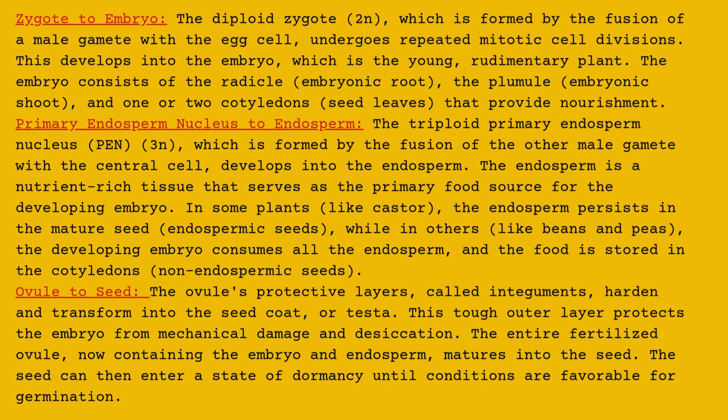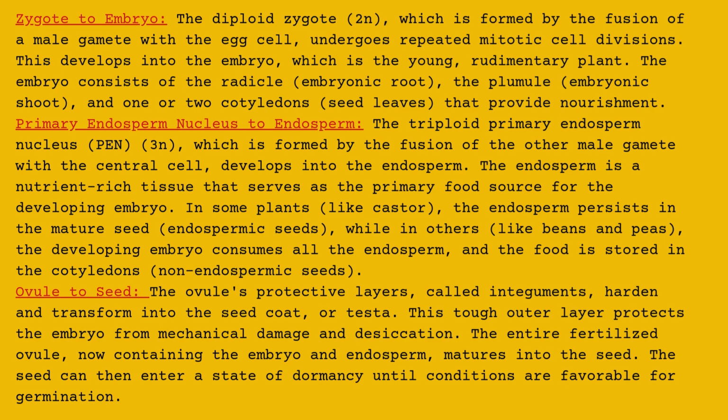Now, primary endosperm nucleus to endosperm. The triploid primary endosperm nucleus, which is 3n, is formed by the fusion of the other male gamete. The endosperm is a nourishment-rich tissue that serves as the primary food source for the developing embryo.